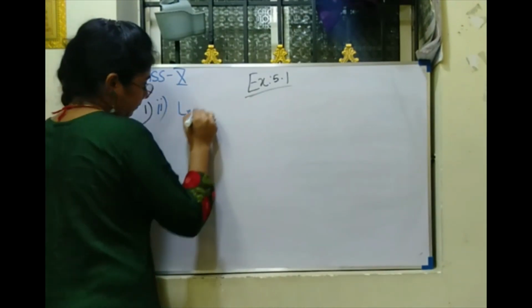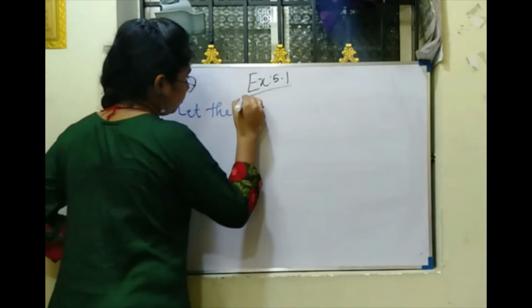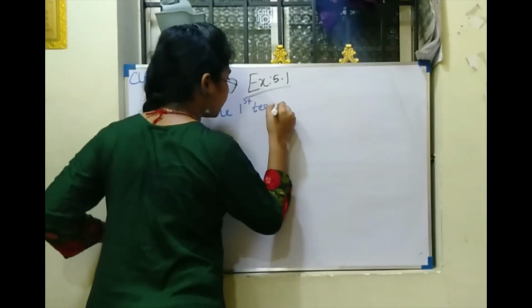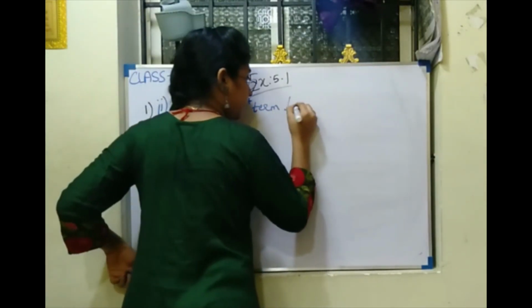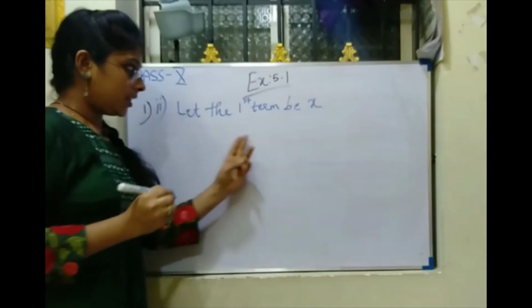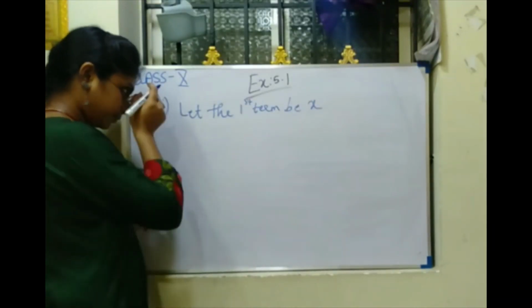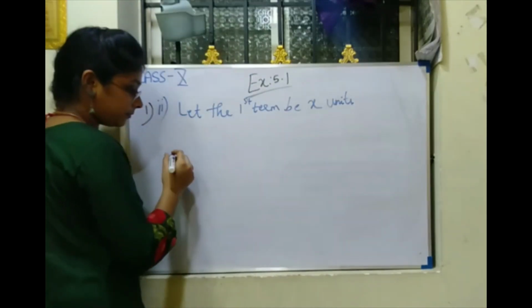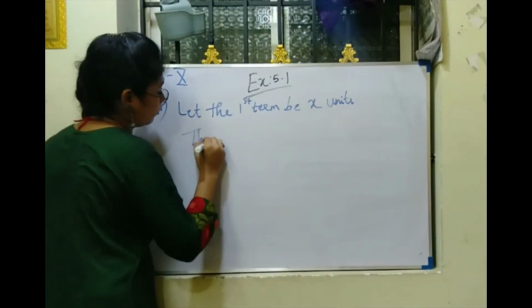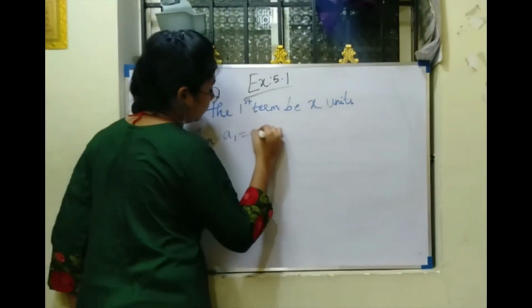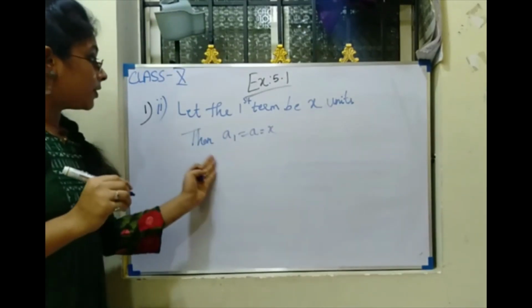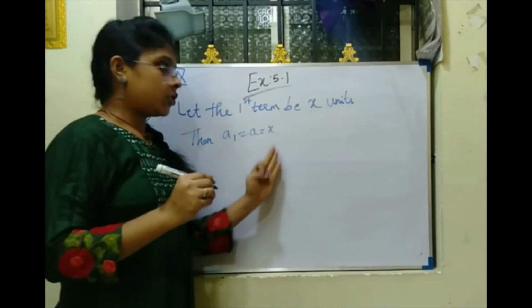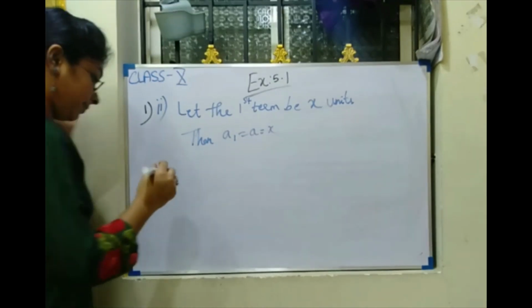Let the first term be x. Okay, so let the first term be x. Then obviously the first term, that is a1, is equal to a, which is equal to x units.